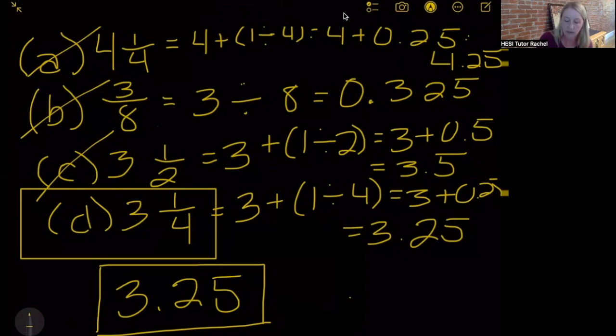See how A worked out to be 4.25 because it's a 4 and then a fraction. And B turned out to be 0.375 because there is no whole number there. So it's like having a 0 and 3/8. We actually could have crossed those both out before even doing any of the converting fractions to decimals.